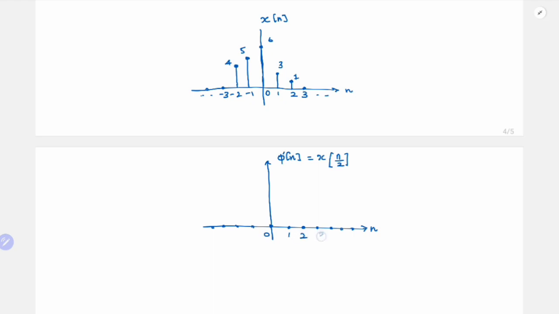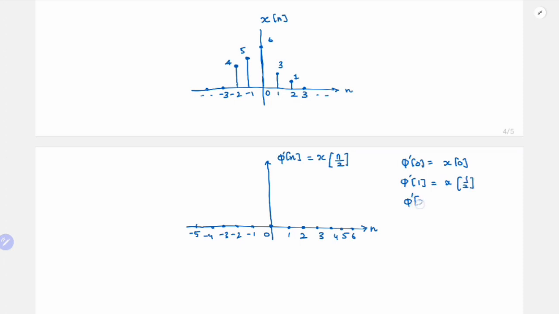So 0, 1, 2, 3, 4, 5, 6, minus 1, minus 2, minus 3, minus 4, minus 5 and so on. My phi dash of 0 is nothing but again x of 0. My phi dash of 1 is x of 1 by 2, which I don't know.